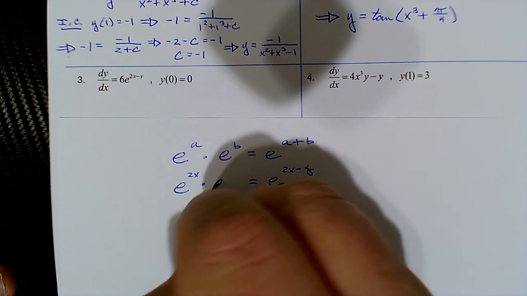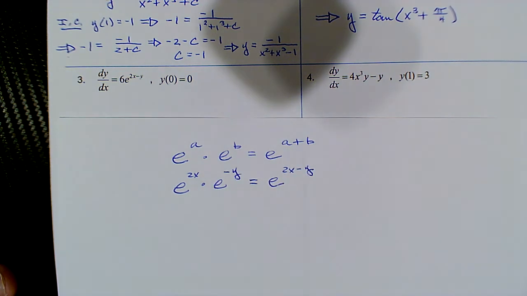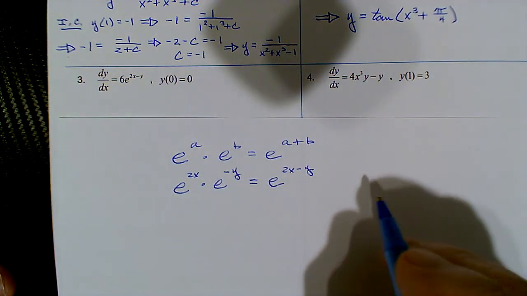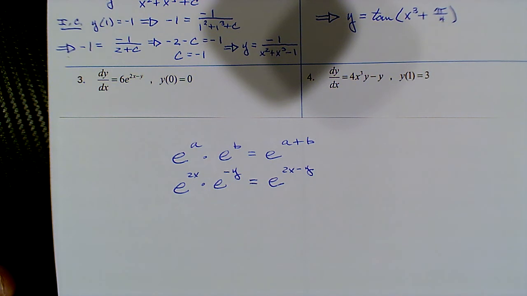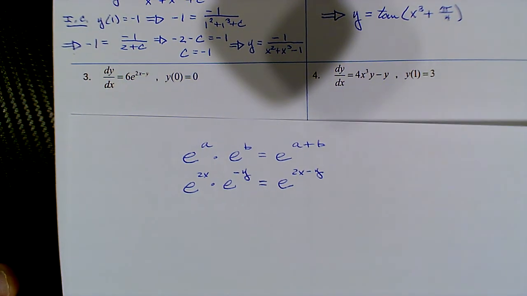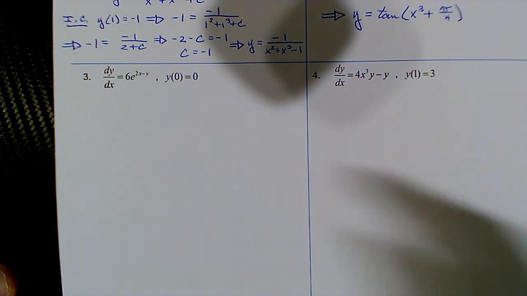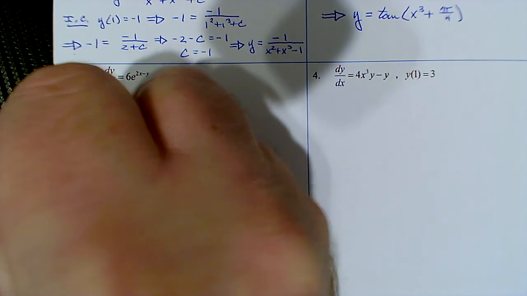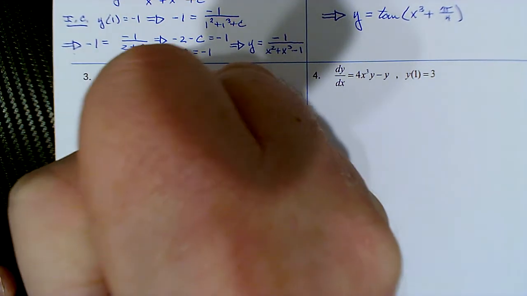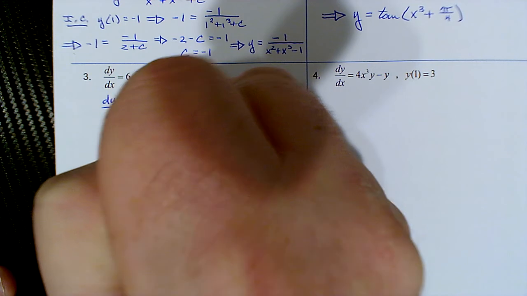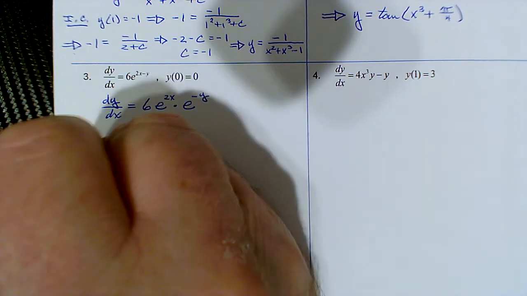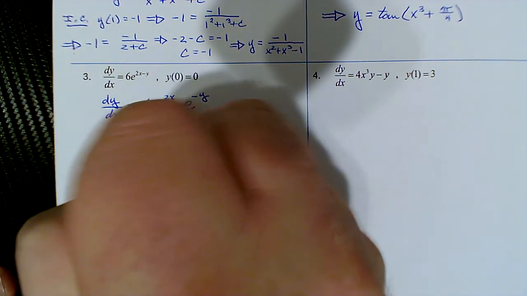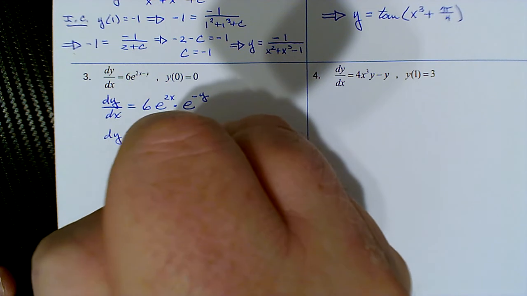Alright, and now we can integrate. The integral of e to the y is e to the y. And then you should recall this special integration for e to a linear power. And again, here's some scrap paper. The formula we should recall there is that the integral of e to the kx is 1 over k times e to the kx, and then plus a constant.